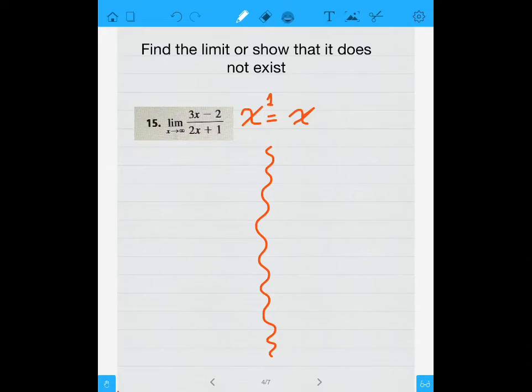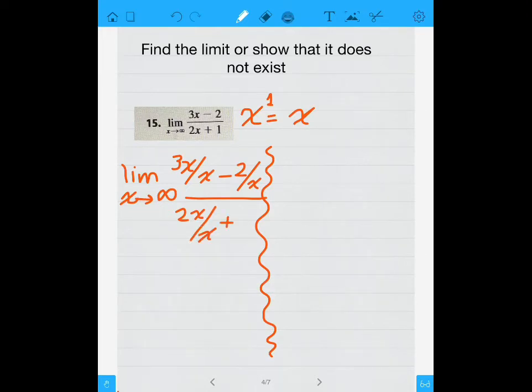We write the limit as x approaches infinity of 3x divided by x minus 2 divided by x, over 2x divided by x plus 1 over x.